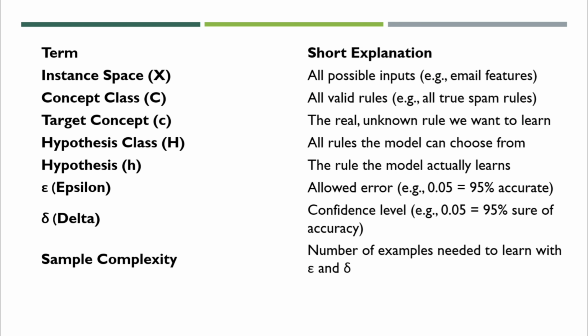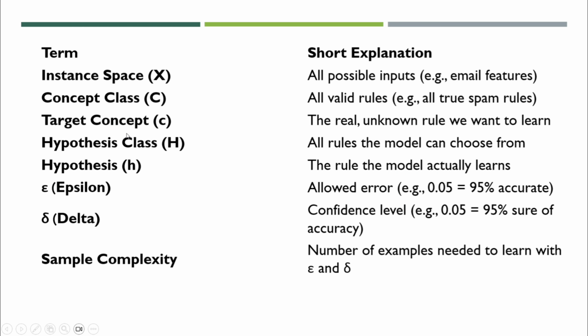Understanding the PAC learning terms from that example. The first term is the instance space, capital X. It is all possible inputs, for example all possible email feature combinations. The next one, concept class, capital C. It is all valid rules, for example all true spam rules, or we can say all correct spam identifying rules.